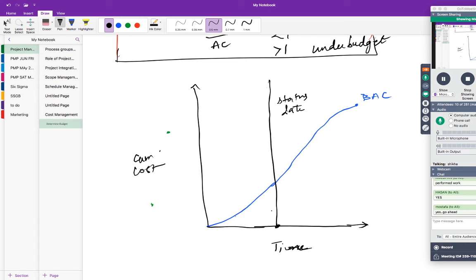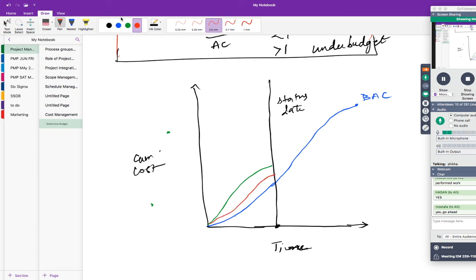On that day, you see your earned value is like this, and your actual cost is like this.